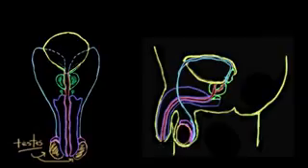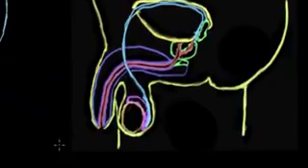Sperm production in the testes has to happen at a certain temperature. It has to be a bit colder than core body temperature, which is pretty warm. So the testes have to be kept at a temperature a little lower than body temperature. They do that by hanging out in this fleshy sac outside of the body called the scrotum.